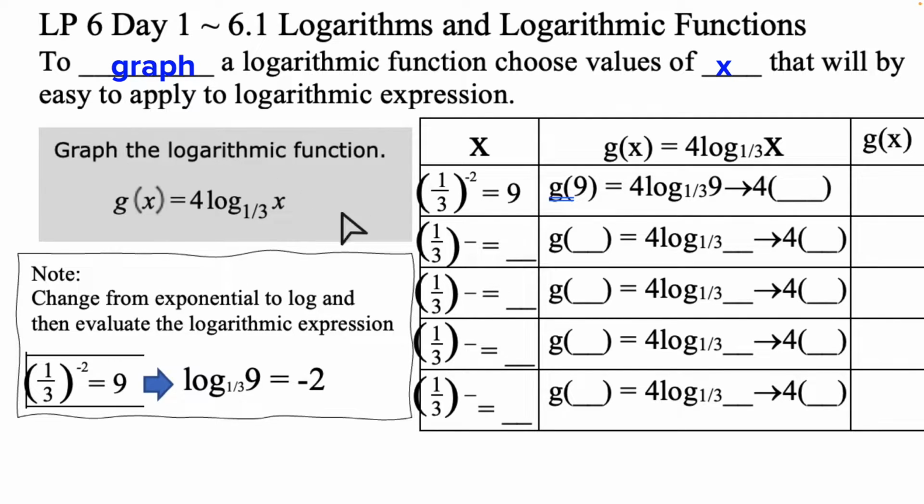For the x, I'm choosing 1/3 to the -2 power equals 9. That's because if I apply -2 to 1/3, it becomes 1 to the -2 over 3 to the -2, which switches their spots, because an exponent with a negative tells me to move it up or down in the fraction.